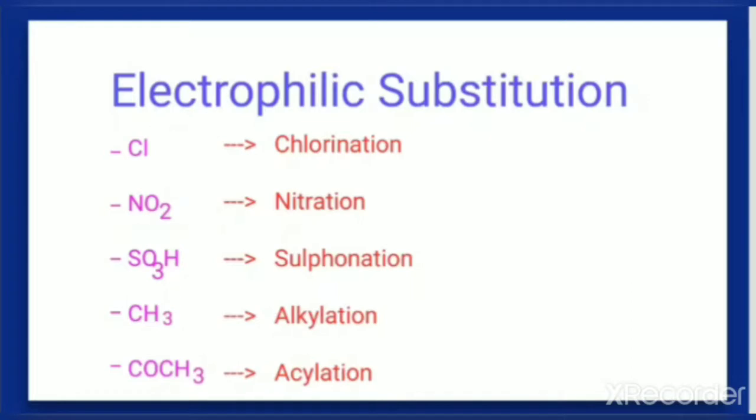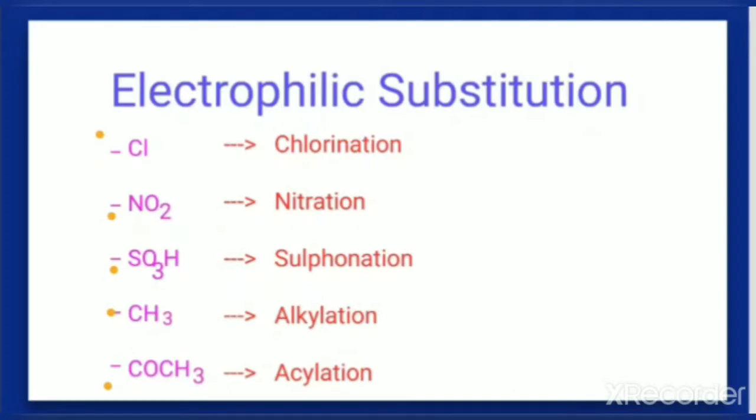Why is it called chlorination? Because the electrophile here is the chloronium ion. Why is it called nitration? Because the electrophile here is the nitronium ion, that is NO2 plus. For sulfonation, SO3H; alkylation, R group, or we can say CH3; acylation, COCH3, or we can say COR.